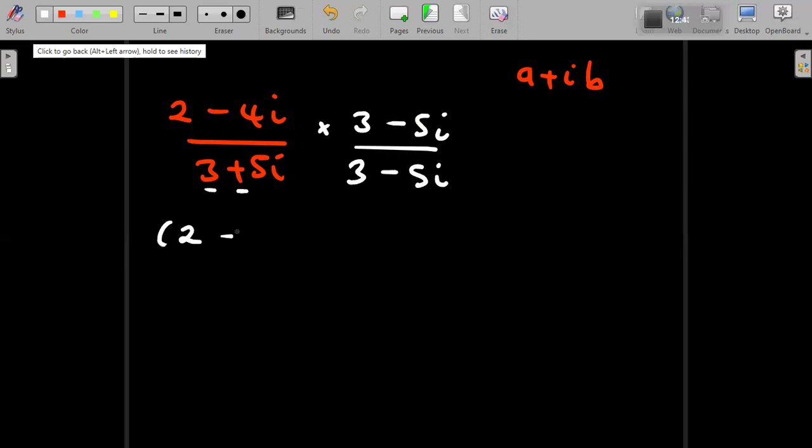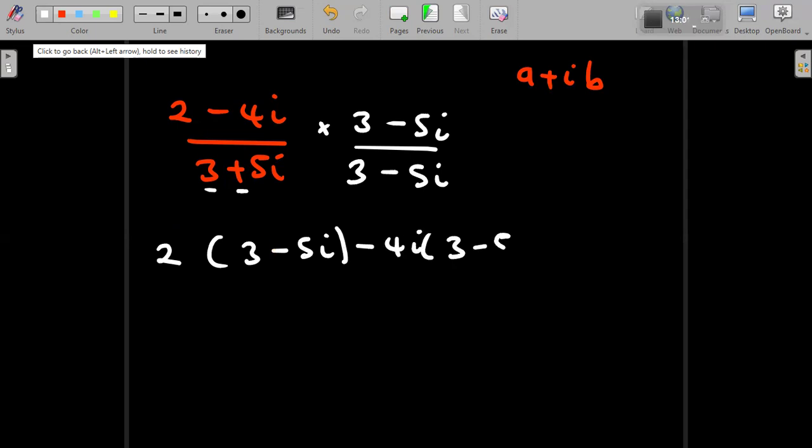So how do we work this out? 2 minus 4i, so what you do, okay, 2 multiply 3 minus 5i, like that. Then the other part is minus 4i multiplied by 3 minus 5i, divided by.